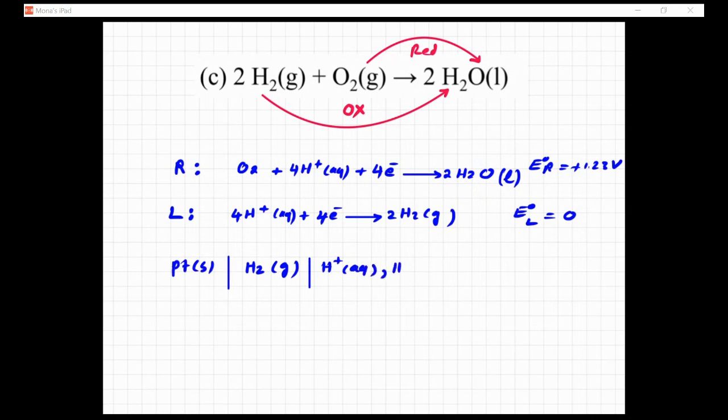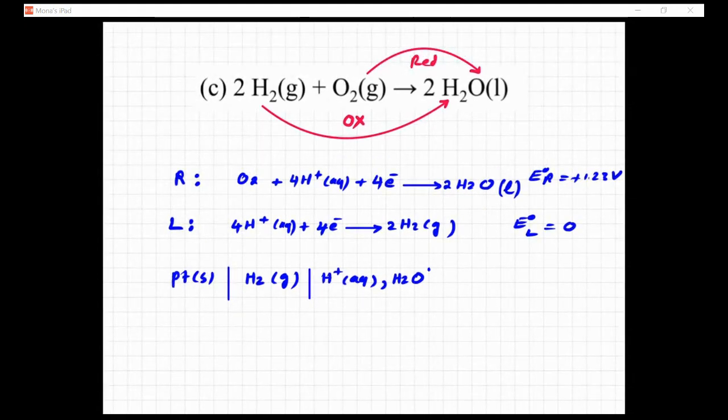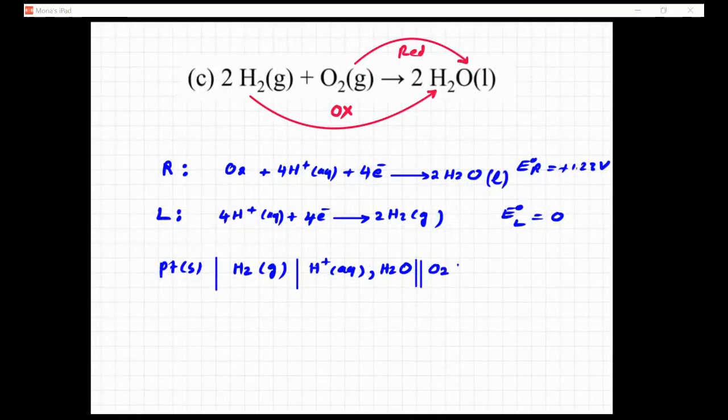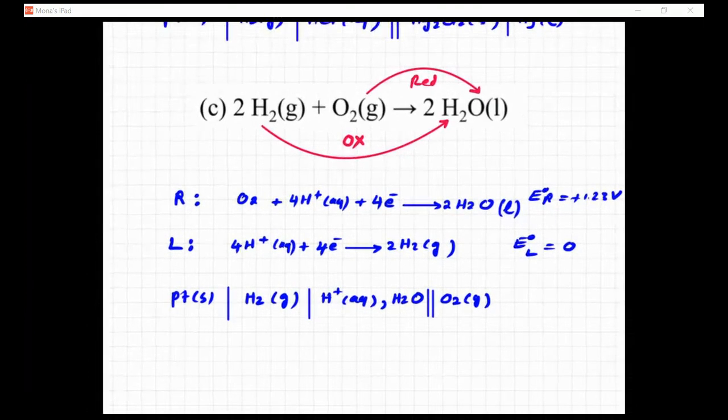You might add the H2O liquid to it because it is there as a solvent, and you need not have the salt bridge. And at the other side, you will have the O2 gas and the platinum solid electrode, because there is no electrode here. So this is what we need to have.